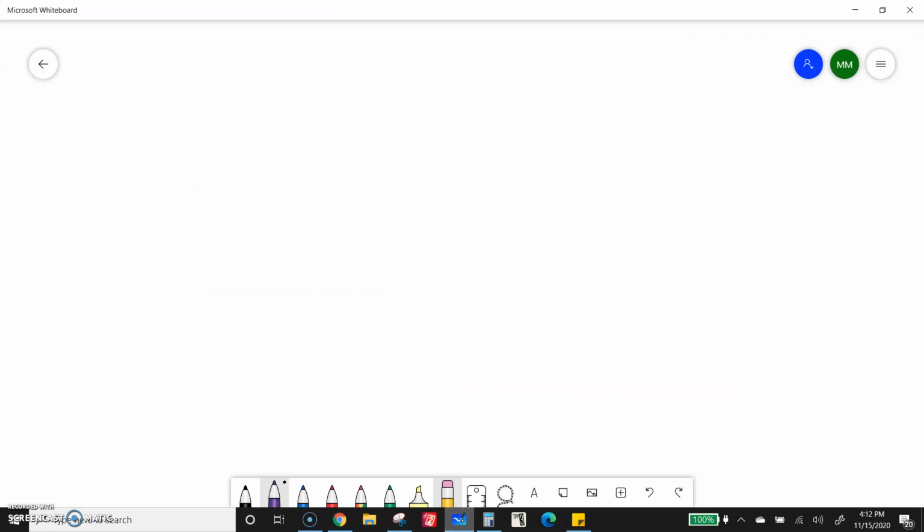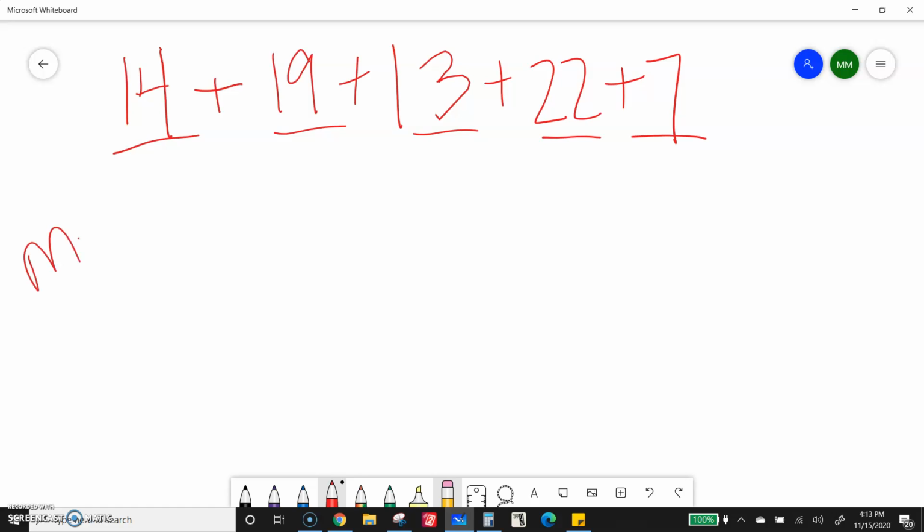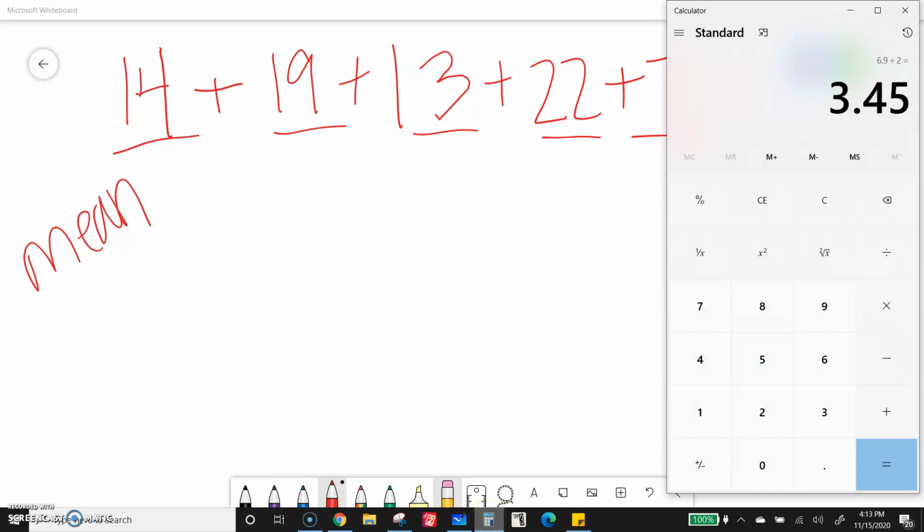So if I take 14 plus 19 plus 13 plus 22 plus 7. Okay, if I do that, those are my 5 numbers. To find the mean, I add them up, and then, we'll do that.